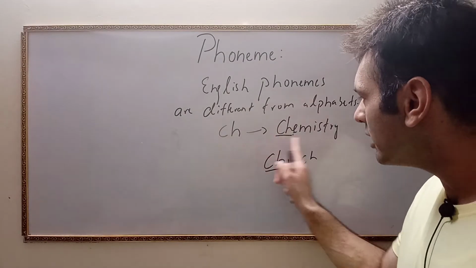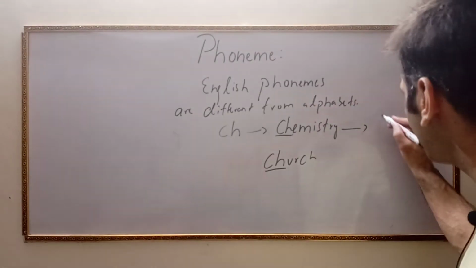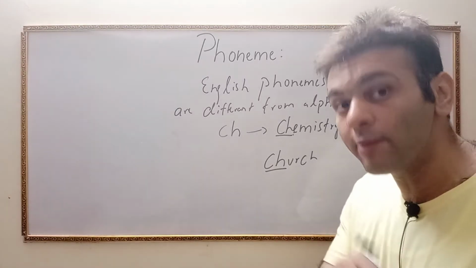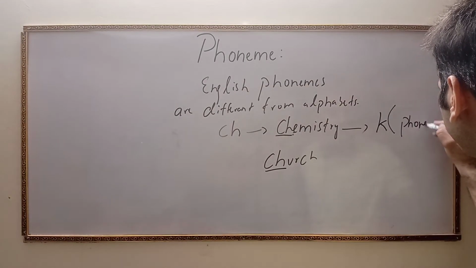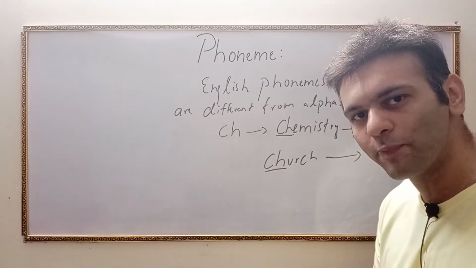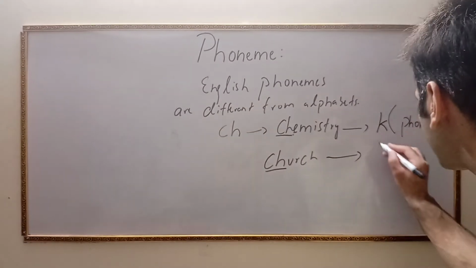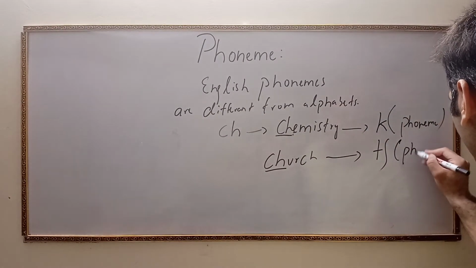Over here in chemistry, this CH is represented with the K phoneme. It's not K, it's a phoneme K, the symbol K. And over here, this CH alphabetic pattern is representing another phoneme, and that is Ch. That's yet another phoneme.